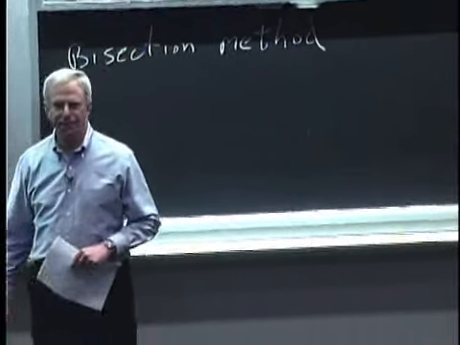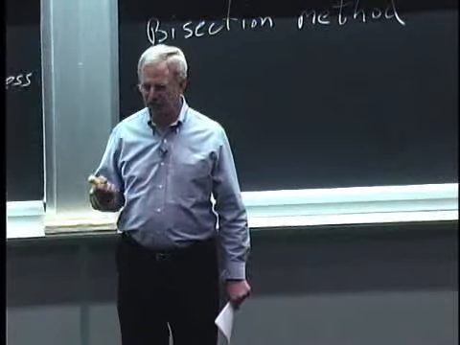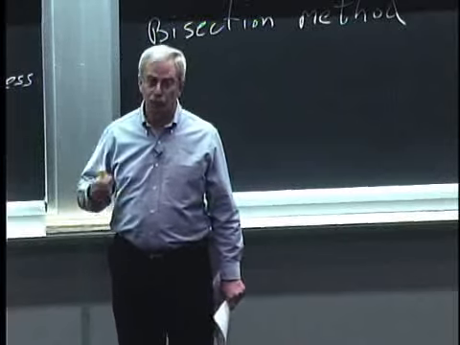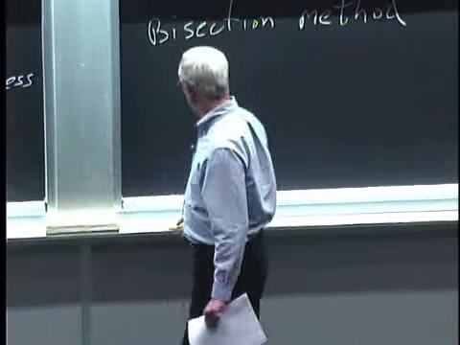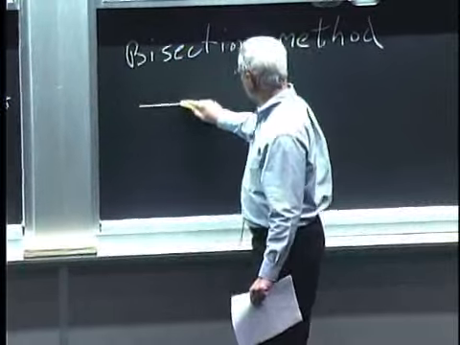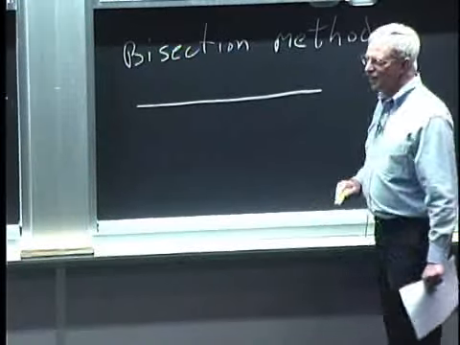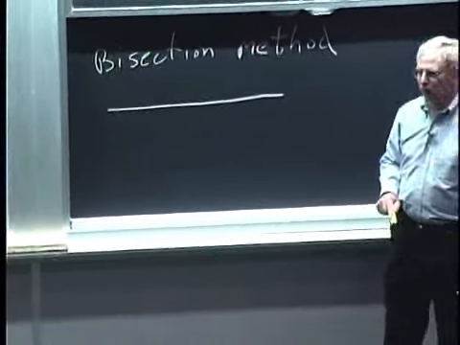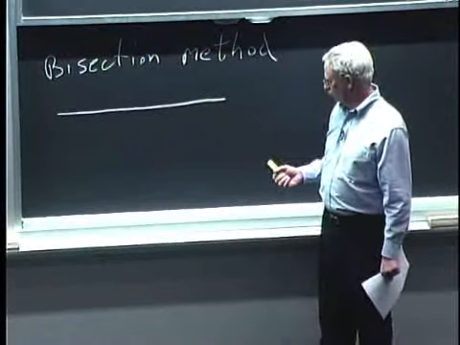The basic idea behind any bisection method is the same, and we'll see lots of examples of this semester, is that you have some linearly arranged space of possible answers.